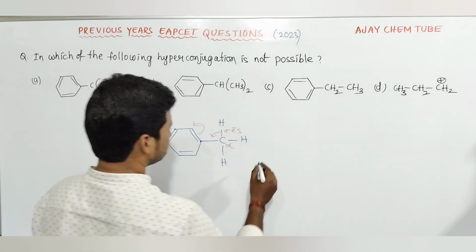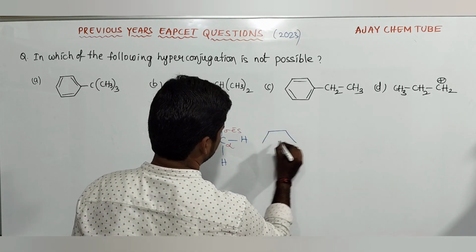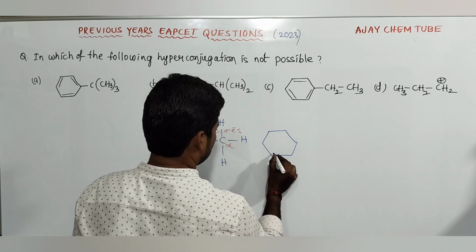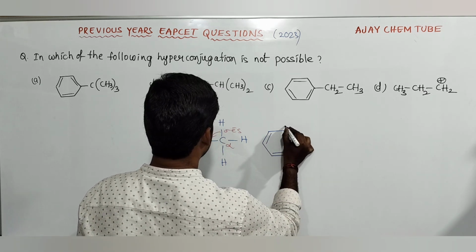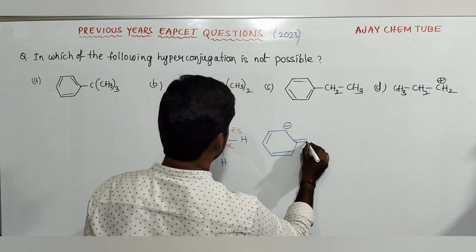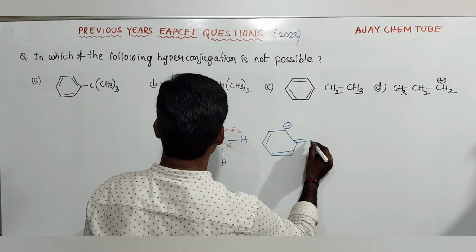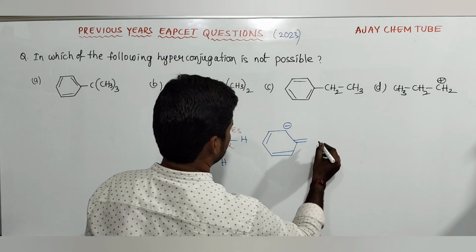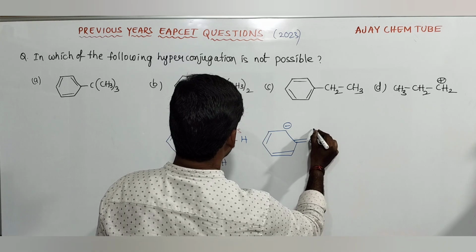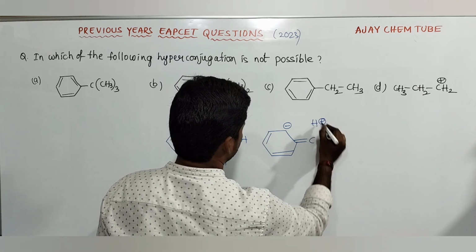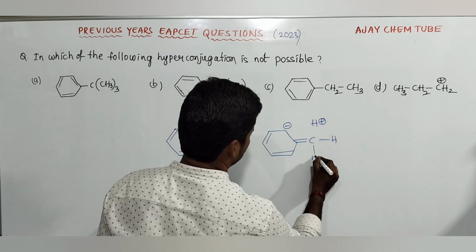Thus it becomes, here we get a negative charge, a double bond, and here C, here hydrogen positive, like this.